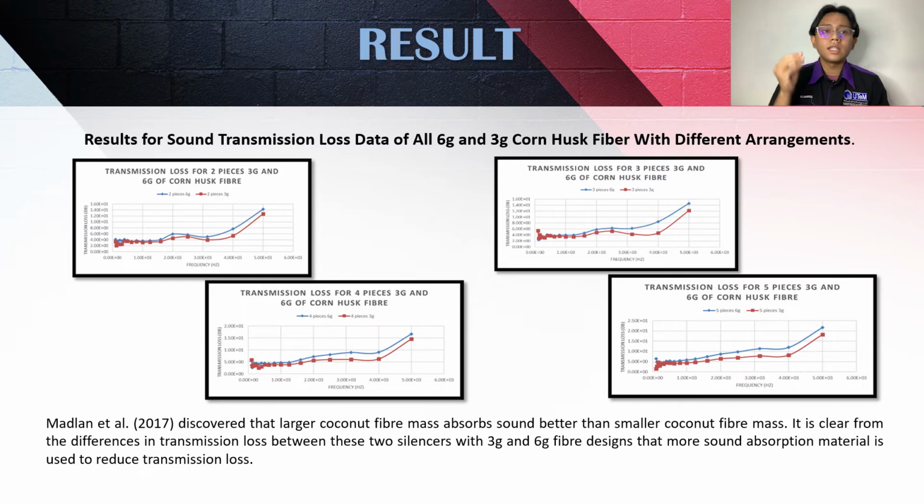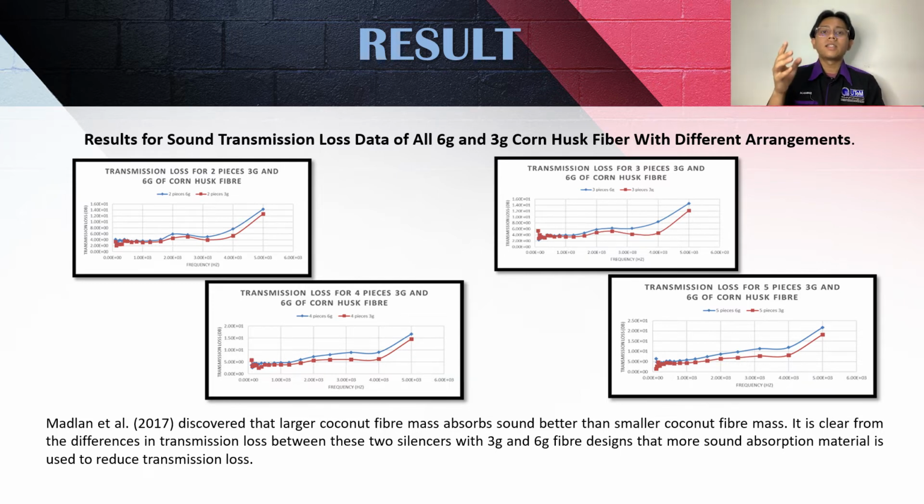It has also been stated in Matlan et al. 2017, which discovered that larger coconut fiber mass, or natural fiber, has better sound absorption than smaller natural fiber.